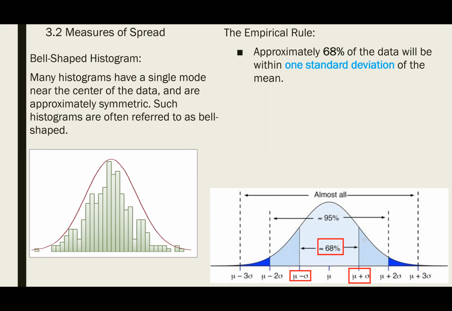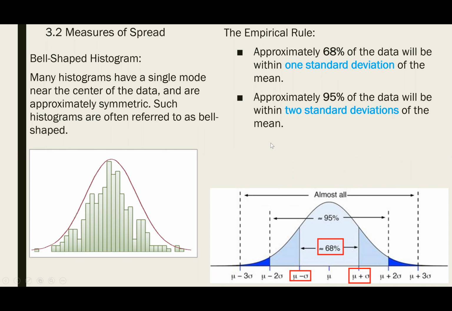Okay, so the idea of this empirical rule is always fixed. Why is it always fixed? Because if it's a bell-shaped curve, it always has the same symmetrical shape. And if it's the same symmetrical bell-shaped curve, within one standard deviation, it will cover 68%.